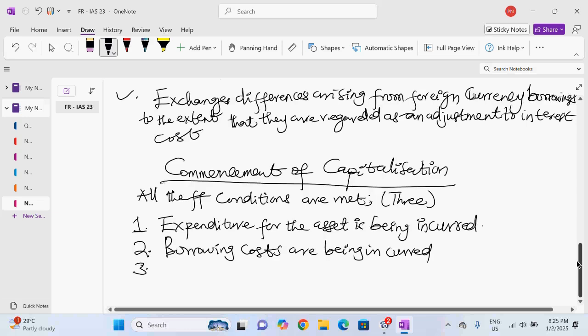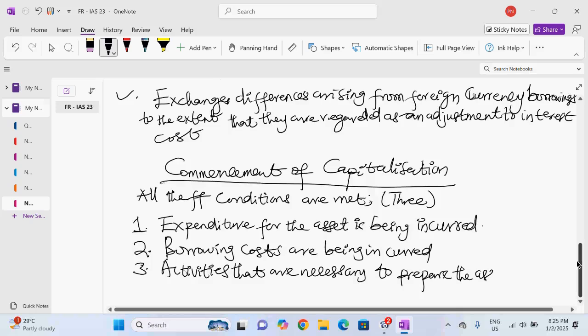The third point is activities that are necessary to prepare the asset for its intended use or sale are in progress.